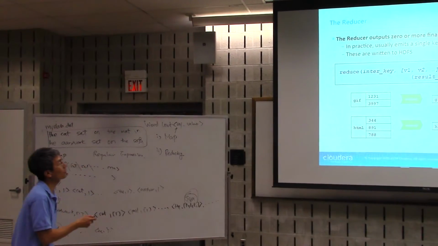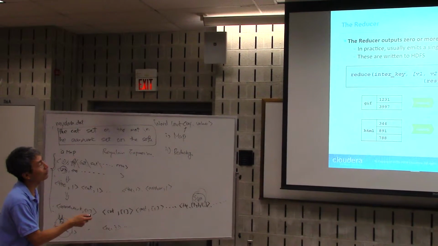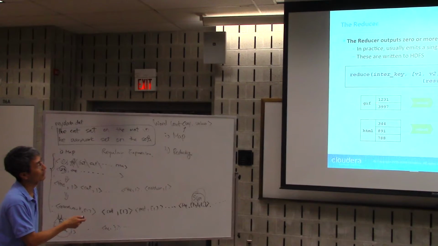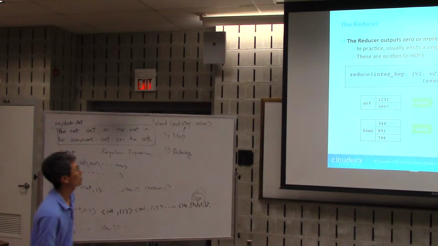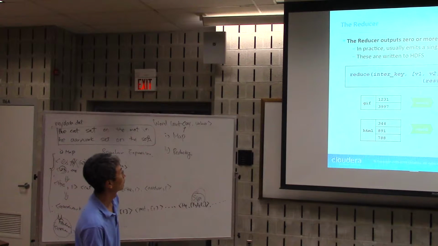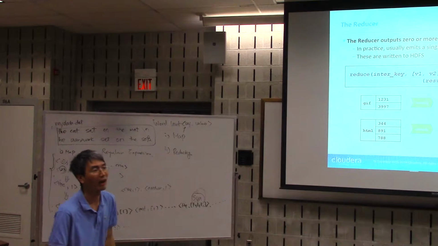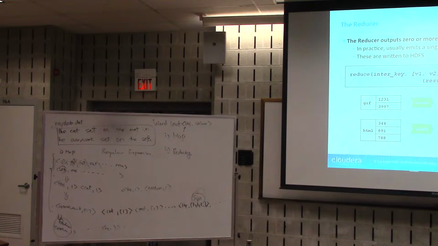Okay, so in the reducer, the intermediate key and values are a list. In this case, I think it's average. It's a sum. Yeah. I don't know whether this is the average or the sum.